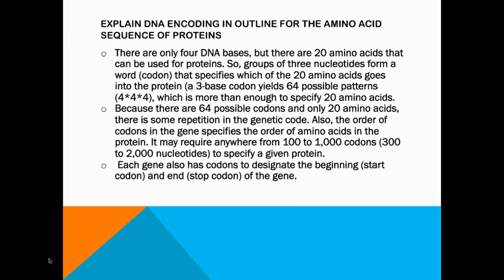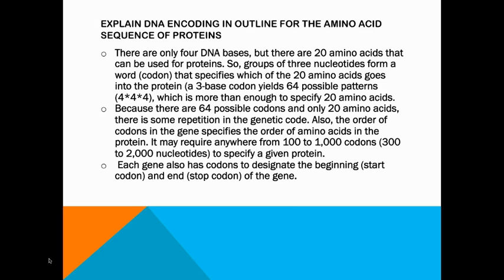Now, there are only 4 DNA bases, but there are 20 amino acids that can be used for proteins. So groups of 3 nucleotides form a codon that specifies which of the 20 amino acids go in the protein. Doing a little math, a 3-base codon yields 64 possible patterns, which is more than enough to specify 20 amino acids.